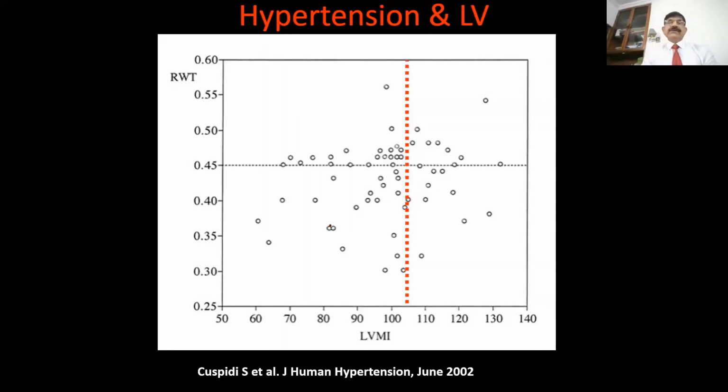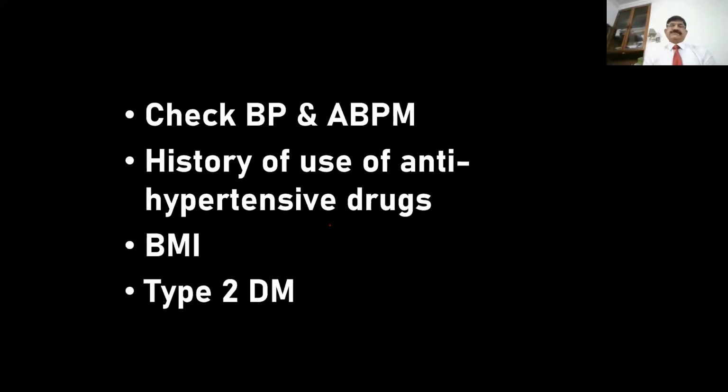You can have increased relative wall thickness with normal left ventricle mass, concentric remodeling, the left upper corner. The right upper corner is increased left ventricle mass and increased relative wall thickness, typical left ventricle hypertrophy. And of course, you can have eccentric hypertrophy also in arterial hypertension. So arterial hypertension can have all four varieties.